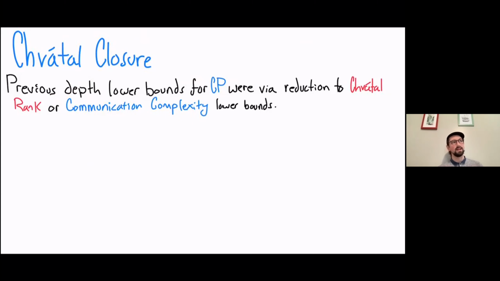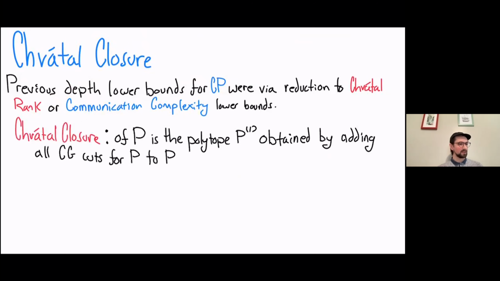If you want to prove it for Tseitin, there are order log n depth communication protocols for the Tseitin formula. So communication complexity cannot be used to prove or refute this conjecture. And there are also problems with the Chvátal rank, as I will mention. Yeah, so order log n upper bounds for Tseitin in communication.